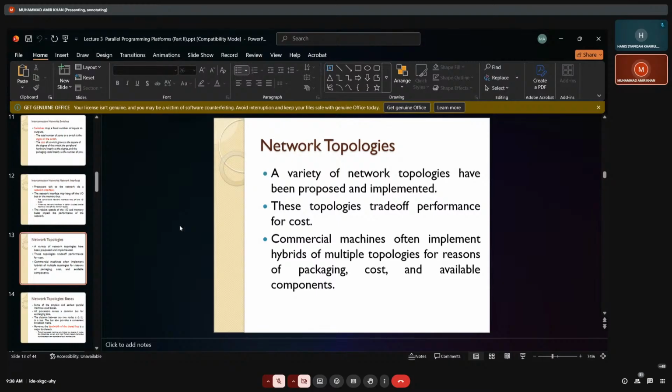Commercial machines often implement hybrids of multiple topologies for reasons of packaging, cost, and available components. And we can go for hybrid topologies also. I don't want to finish this chapter today.